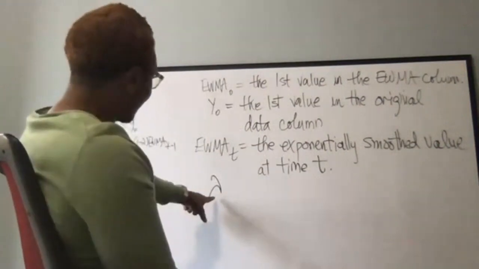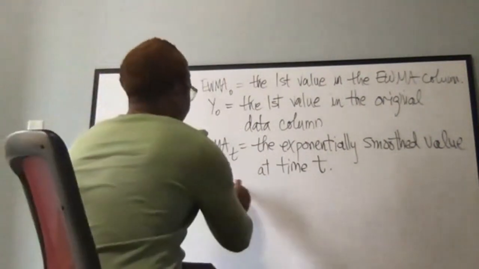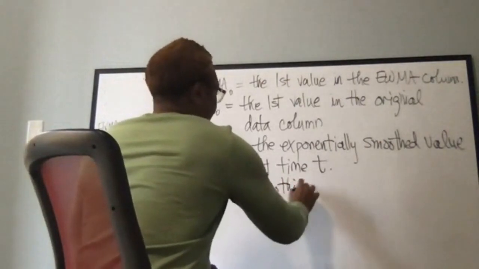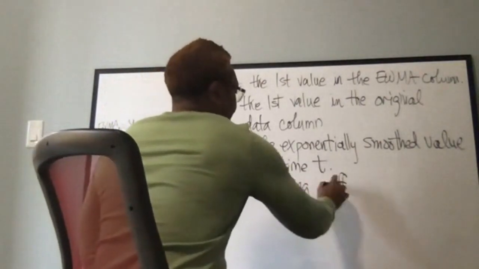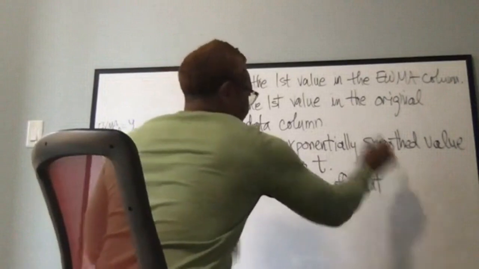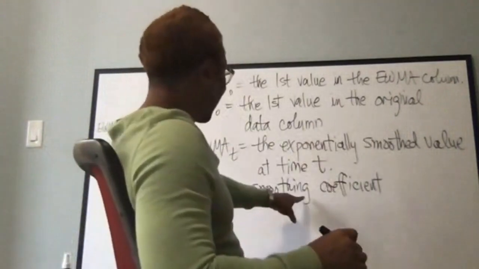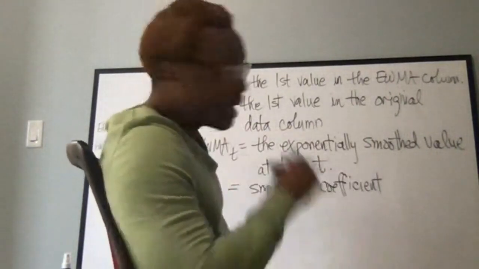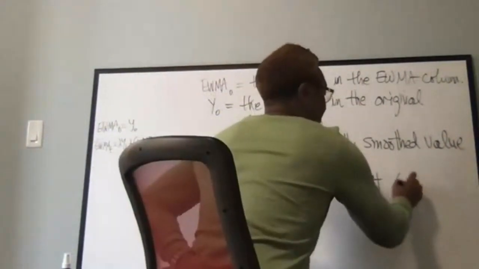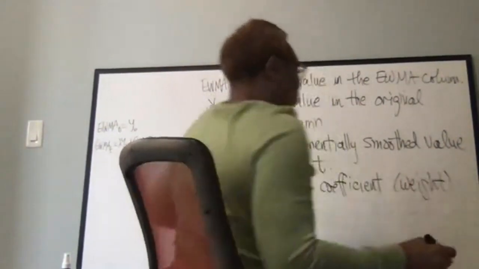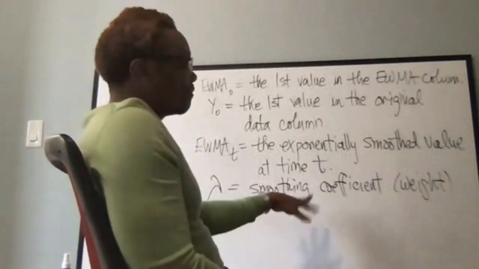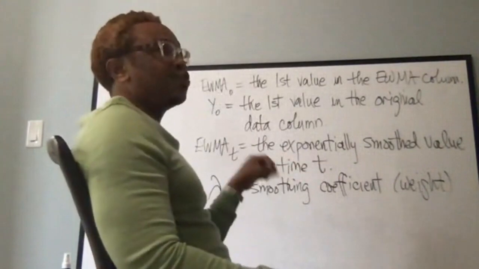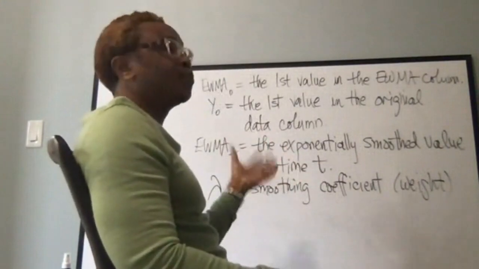Now, this lambda right here is called something like the smoothing coefficient. It's the same thing as the weight, just a real fancy term for saying it's the weight. So in this problem, I have to tell you what the smoothing coefficient or the smoothing parameter is.